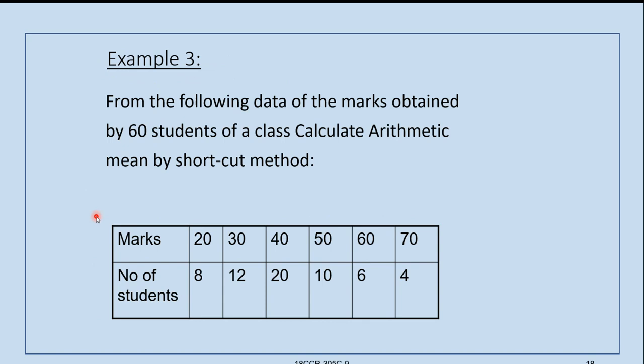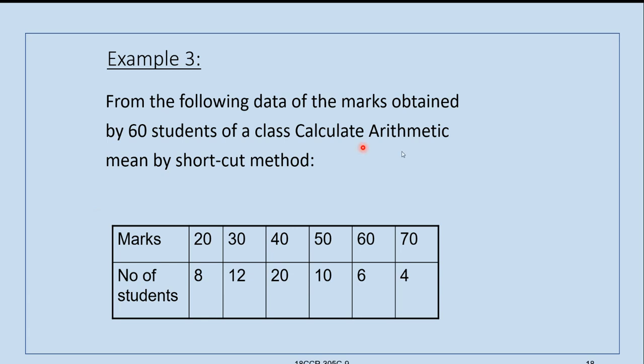Now we will take one example. From the following data of the marks obtained by 60 students of a class, calculate arithmetic mean by shortcut method. Now we are seeing about the shortcut method. Marks are given in the first column, that is capital X. Number of students are given in the second column, that is small f.